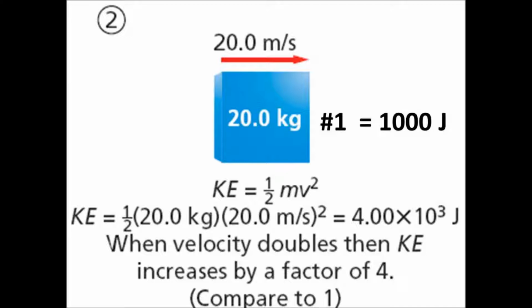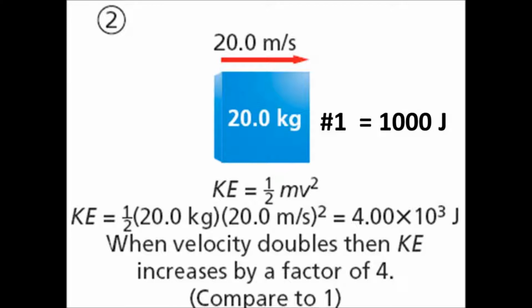So it'll be quadruple, increased by a factor of 4. So 1/2 times 20 times 20 squared is 4,000 joules. When velocity doubles, kinetic energy increases by a factor of 4. Compared to number one, that's 4,000 compared to 1,000. Again, a factor of 4.